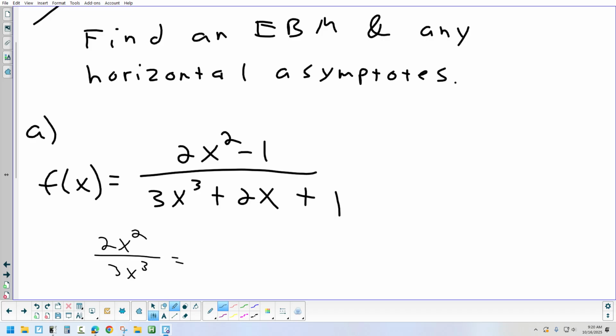When you simplify it, don't leave negative exponents in your answer. If you're going to have a negative exponent, put the variable in the bottom of the fraction. So what does that simplify to? It'll be 2 over 3x. Yep. That is the EBM.